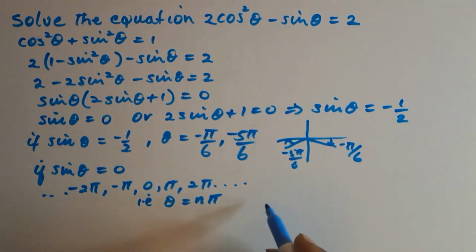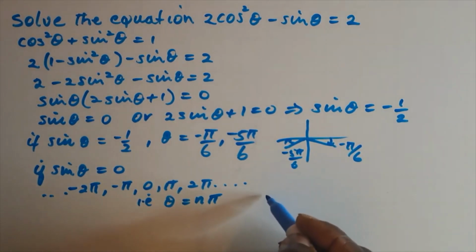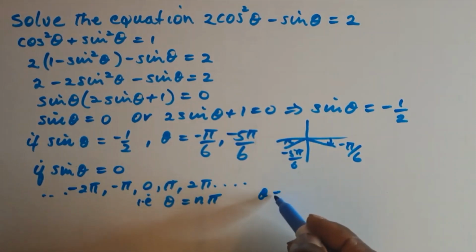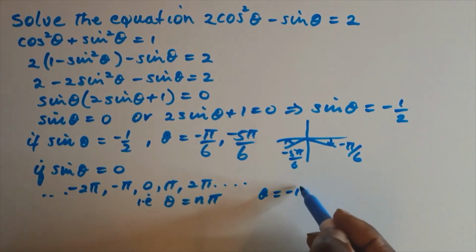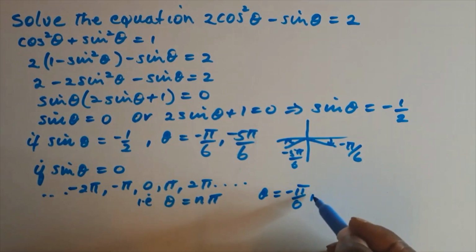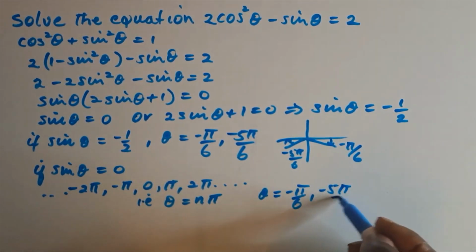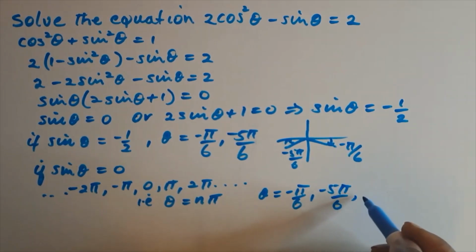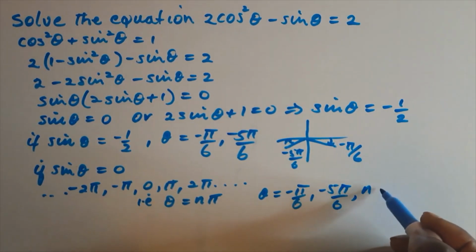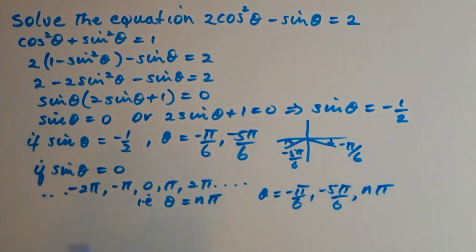So our complete solution set is theta is equal to minus pi over 6, minus 5 pi over 6, and we have n pi.